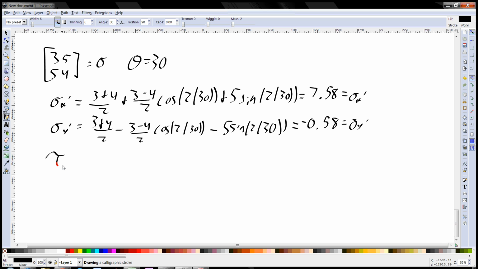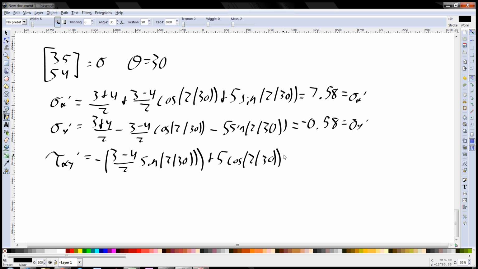And for our new shear, got negative 3 minus 4 divided by 2 sine of 2 times 30 plus 5 times the cosine of 2 times 30. And that gives us 2.93.